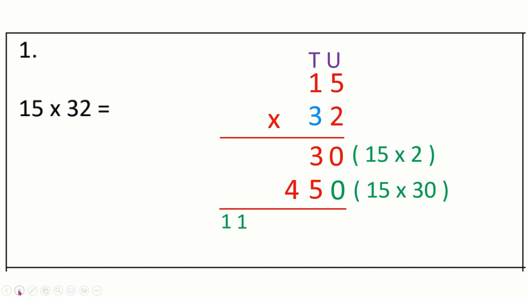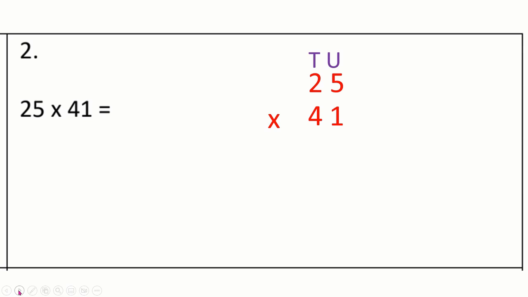So now we're simply going to add the 30 and the 450. So 0 plus 0 is 0, 3 plus 5 is 8, and 4 plus 0 is 4, so 480. So 15 times 32 is 480.